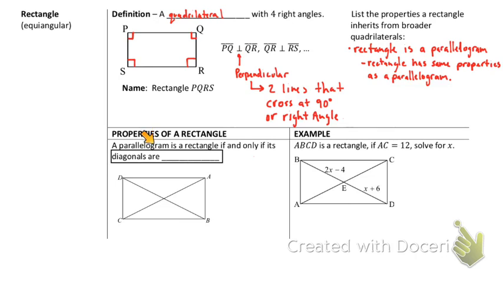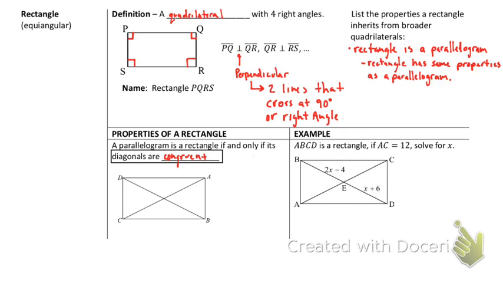So a parallelogram is a rectangle if and only if its diagonals are congruent, which means they will have the same length.